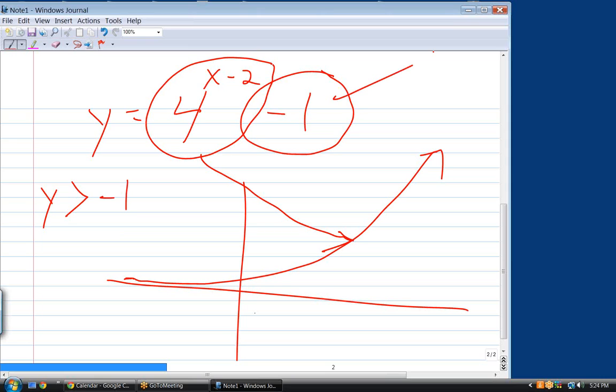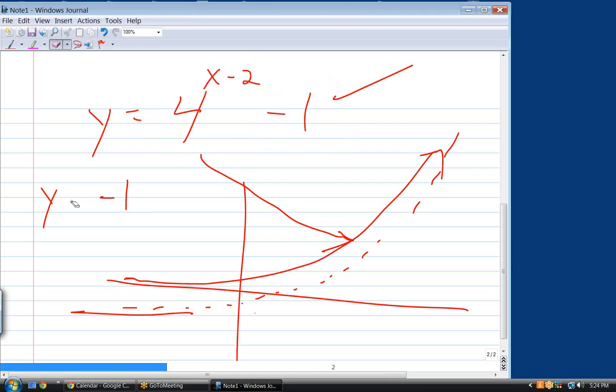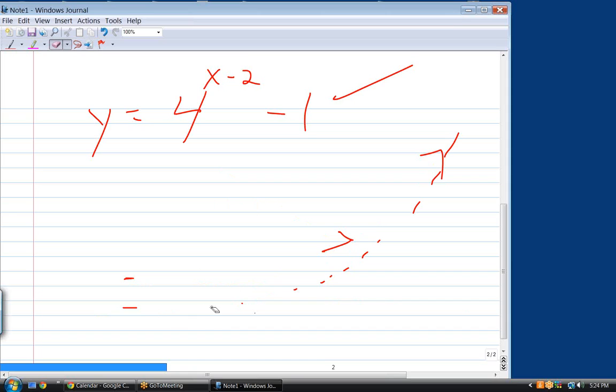Because this part of it is a vertical shift, everything gets shifted down 1. And that never gets above minus 1. So when you have an exponential function like this, take the exponential part of it, this part here, and realize, well, I know this can never be negative.